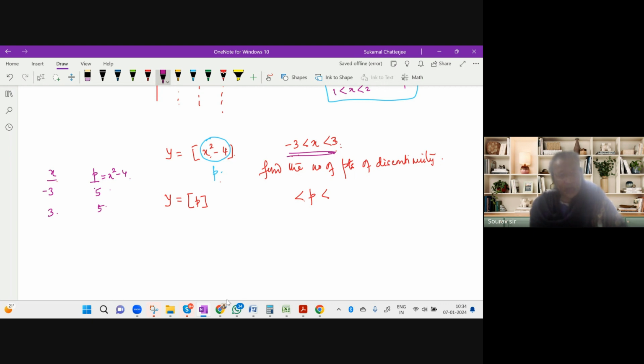Now I have to look at x square minus 4. Since x is lying between -3 and +3, this variable p will be minimum when x square is minimum. x square minimum is 0. So that means when x is 0, this is -4.